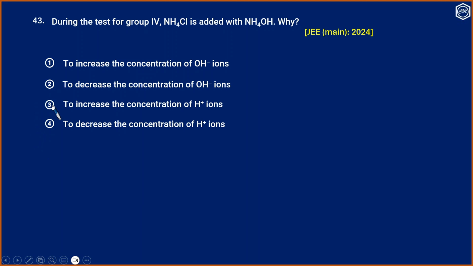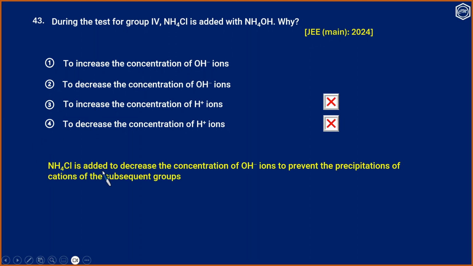We can eliminate options 3 and 4. Ammonium chloride is added to decrease the concentration of OH- ions to prevent the precipitation of cations of the subsequent groups. Therefore, option 2 must be the correct answer.